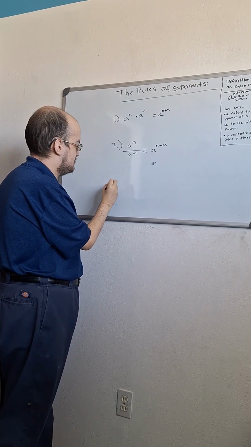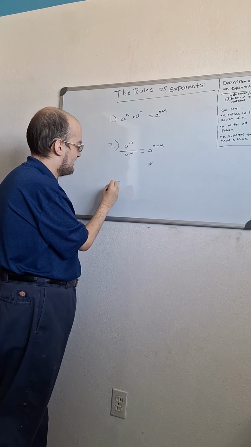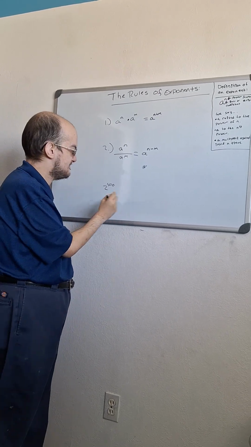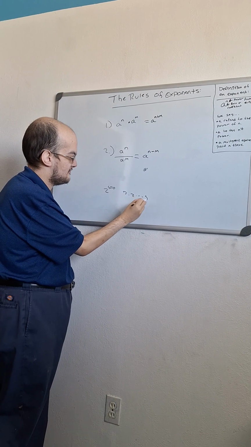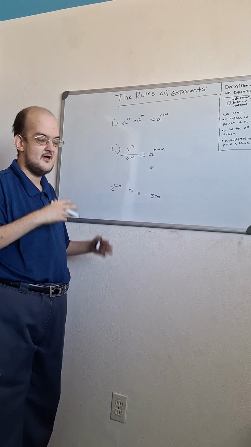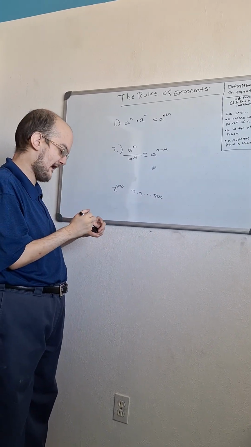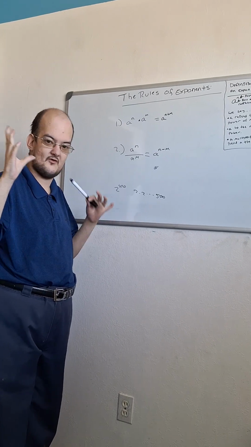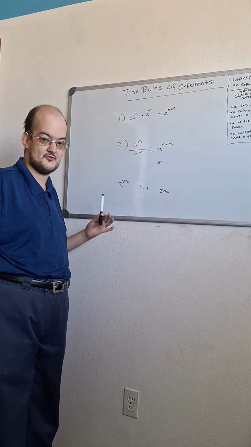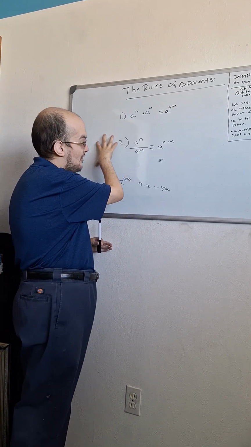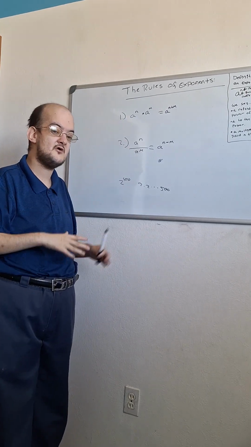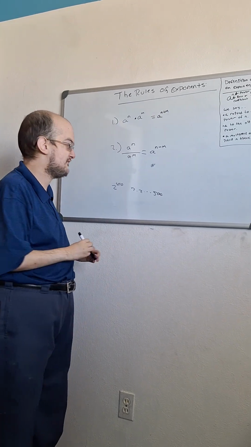Writing out 2 to the 500th power is better than writing 2 times 2 all the way to 500. Everyone thinks math is just kind of like this evil monster that makes our life so difficult. It's not. If you know how to do this kind of material, math is going to be your best friend.